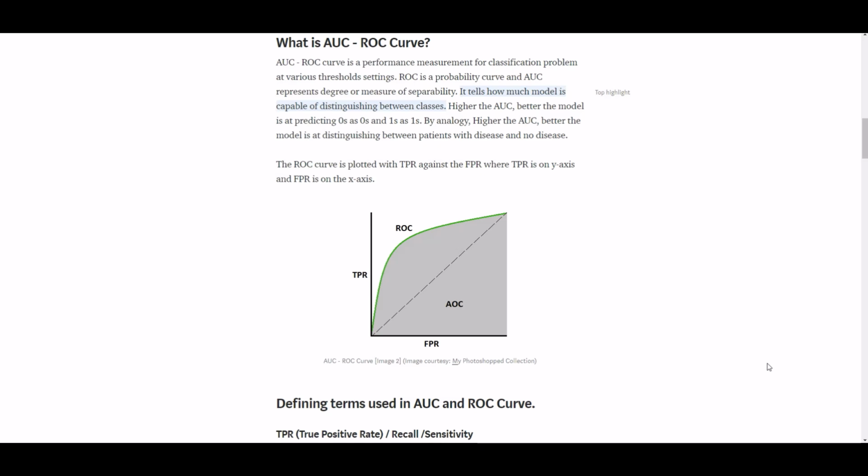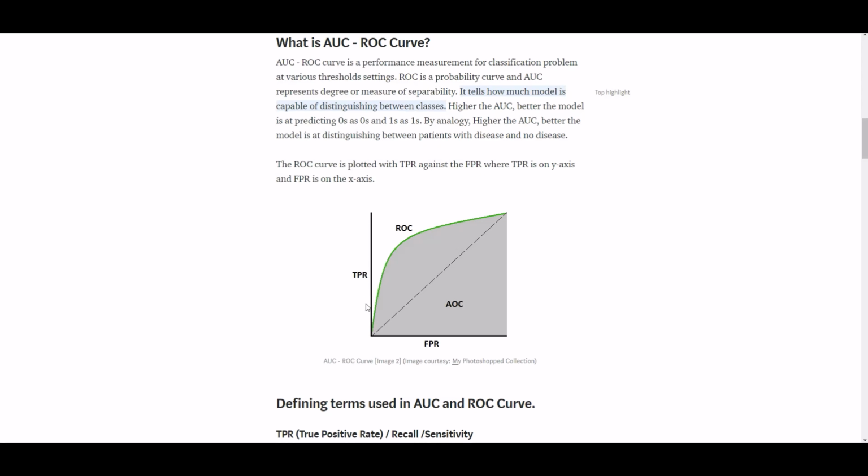It's a measure that will tell you how good of a job your model does at predicting zeros as zeros and ones as ones. Now, you will get a plot like that where the y-axis is going to be true positive rate.